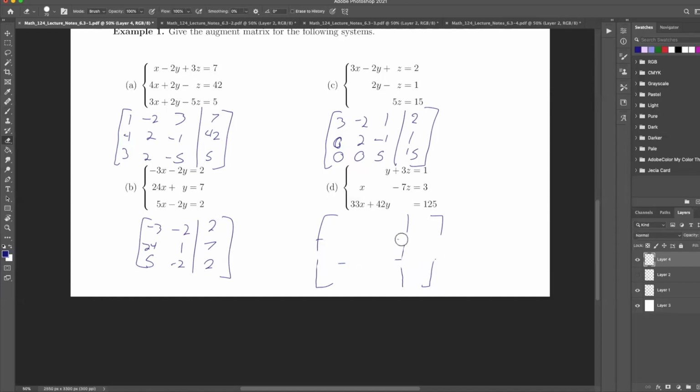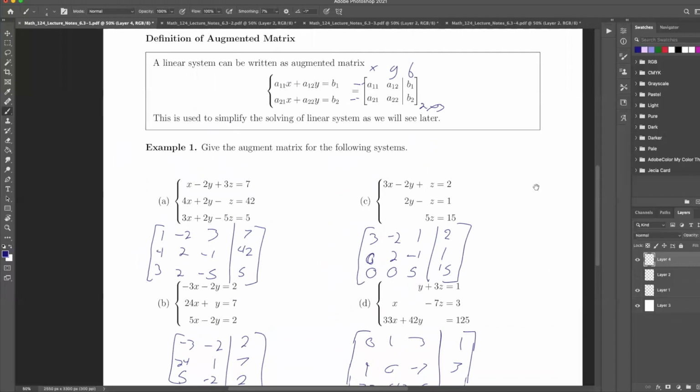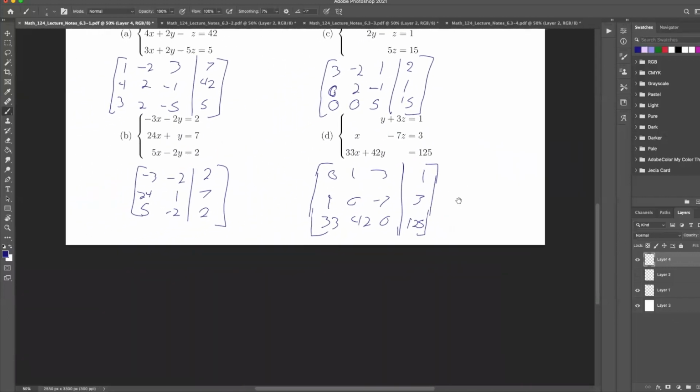So the first column you guys have correct here is 0. So if some people are rowing, so 0, 1, 3, 1. The next row would be 1, 0, -7, 3. And the last one would be 33, 42, 0, and 125. Okay. All right, so I'll leave that up for people to copy.